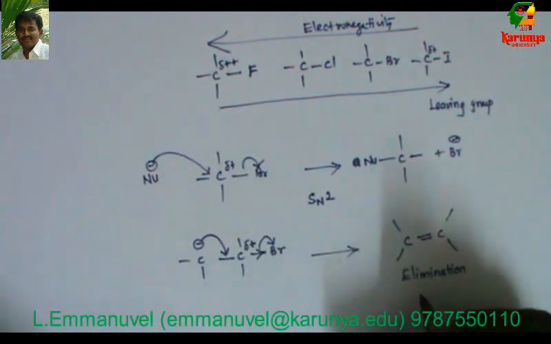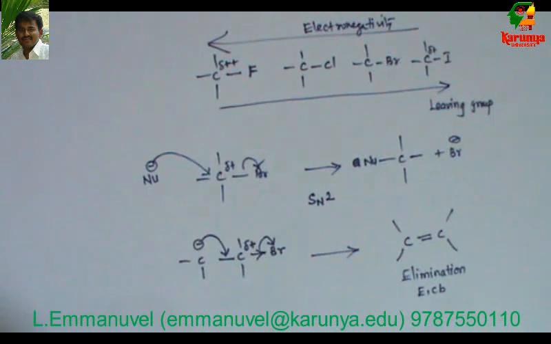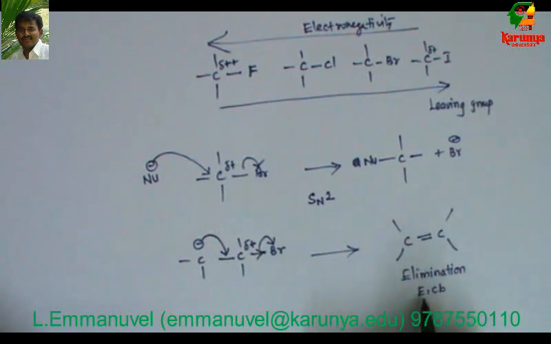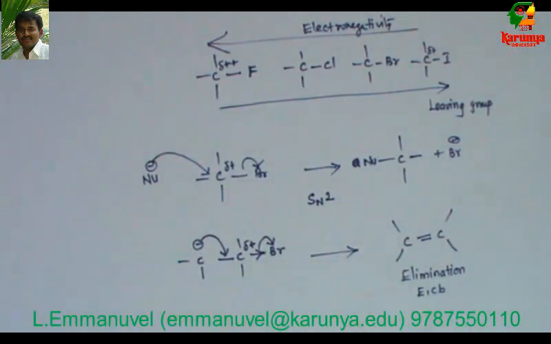You can say E1Cb elimination. So this elimination proceeds through a carbanion. So we call it carbanion, and the mechanism is E1.